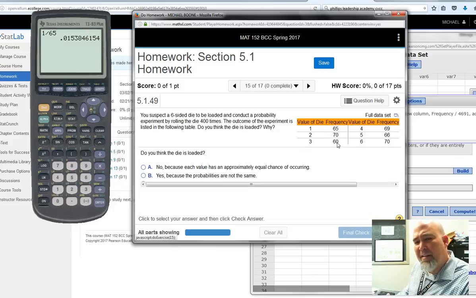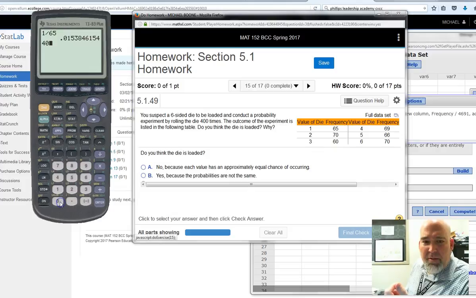But again, you would think if you have 400 and you divide it by 6, so 66, 67, so these are all kind of around there. Like 3's maybe a little low, but that's not alarming to me. Like I don't think that I'm dealing with a shady die.